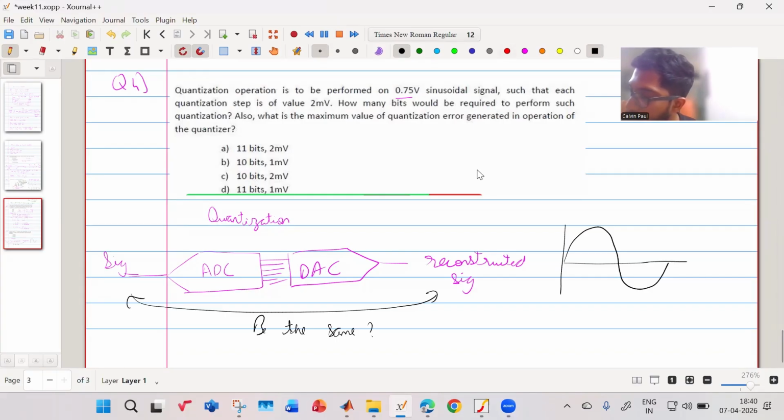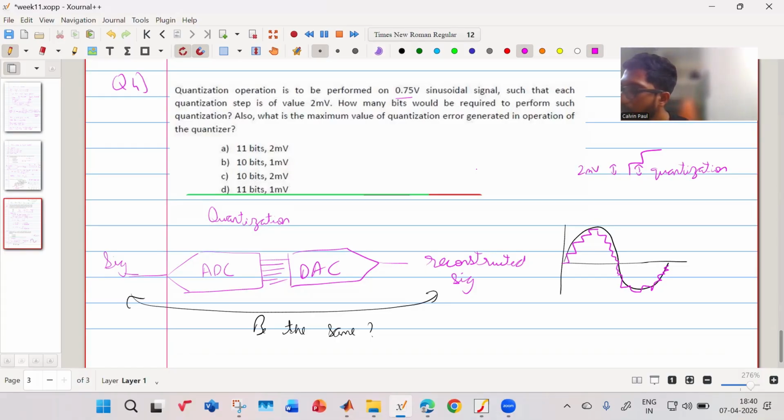What would happen is, suppose this is your sine wave, the original signal. When it passes through your ADC, it gets converted like this. I'm not drawing it properly, something like this. So you have some steps, which are known as your quantization steps, and they have told us it is 2 millivolt.